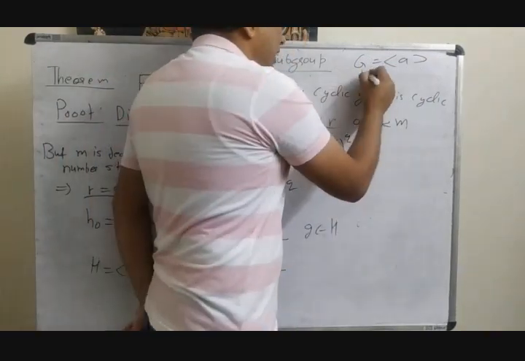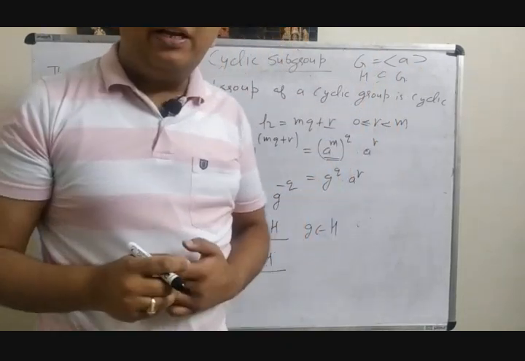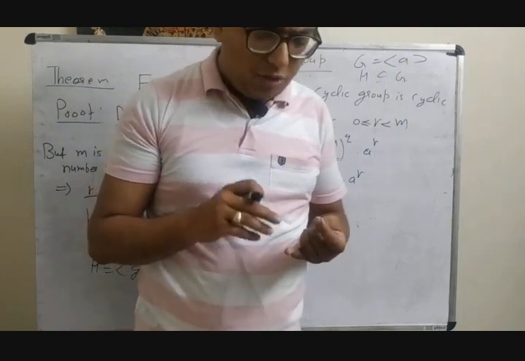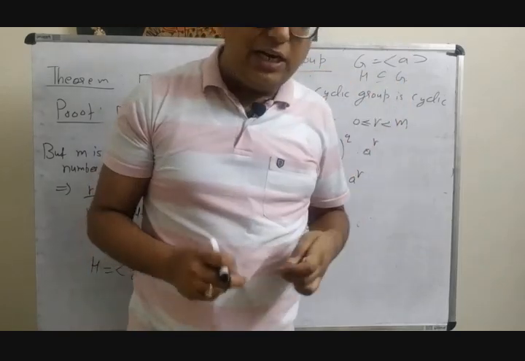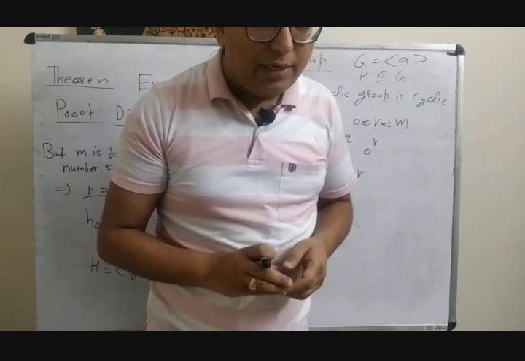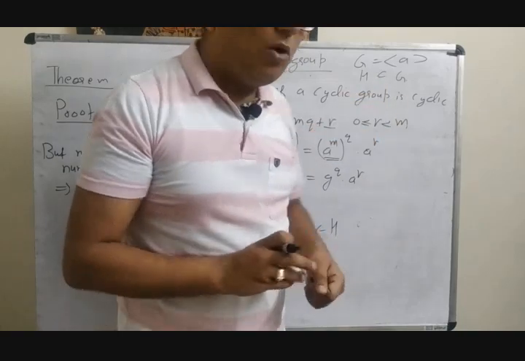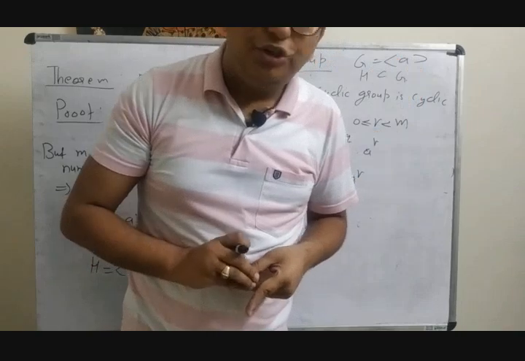Then we say H is a subgroup of G. If it is a trivial subgroup, then there is nothing to prove, because G itself is a cyclic group, it is given. And if we take just the identity element, that will form a cyclic subgroup. So let us take H as a proper subset of G. Now we want to prove that this H is a cyclic subgroup of G.